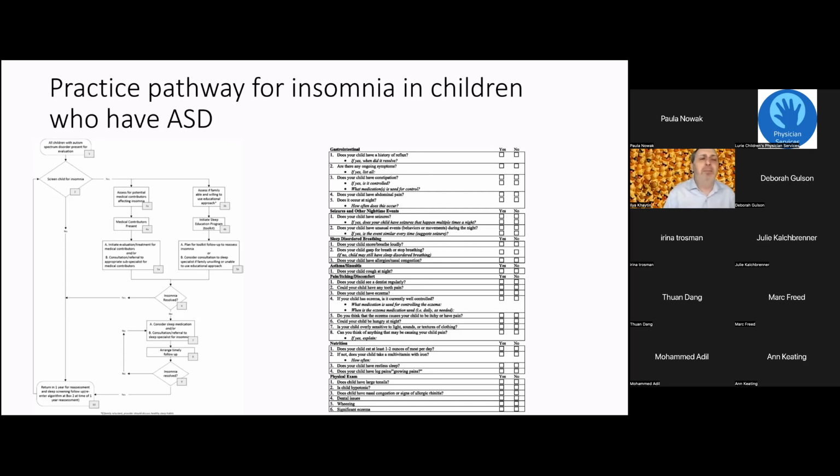So find any medical issues which may contribute to the child's difficulty keeping sleep. We also need to look very carefully at the bedtime routine, sleep habits, and provide education about sleep habits and bedtime routine. And with that, we need to meet regularly with the children to see how we are addressing all of those issues and see if we are making an impact on the child's insomnia.